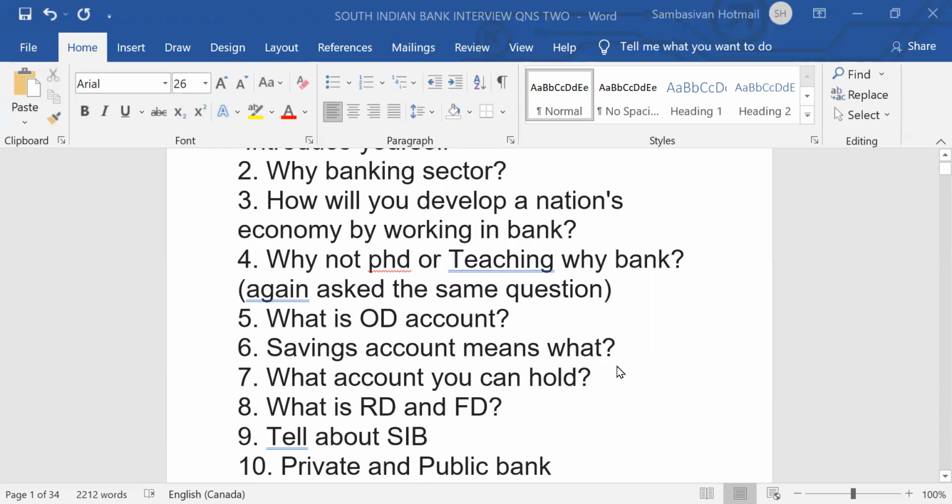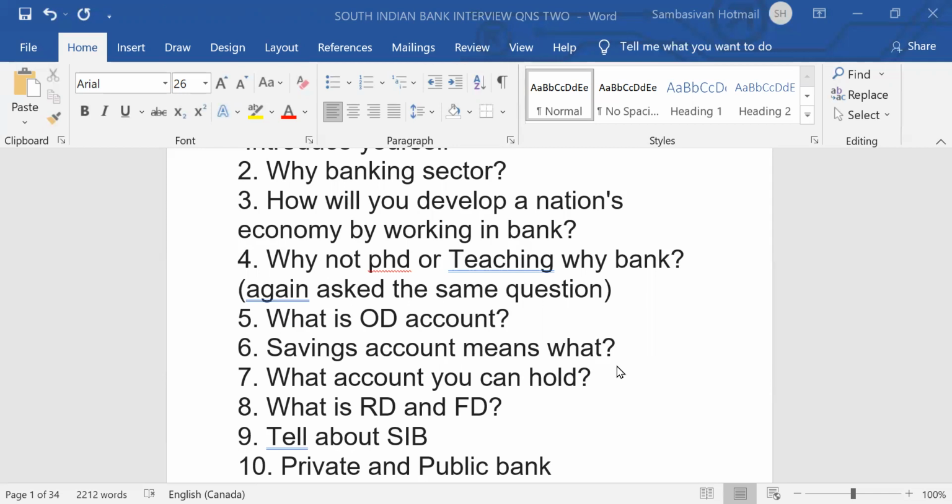Savings account means what? Savings account is meant for saving purposes, normally opened by salaried people, self-employed people and businessmen, and also their family members. Here we keep the money that we are not using for business.